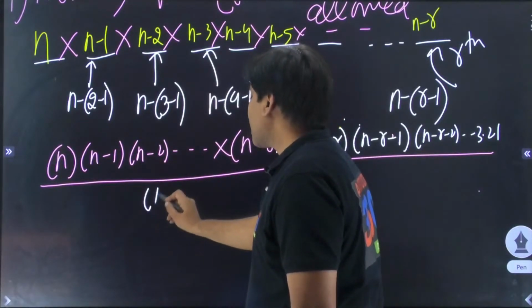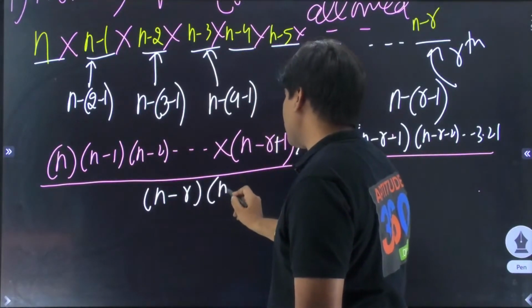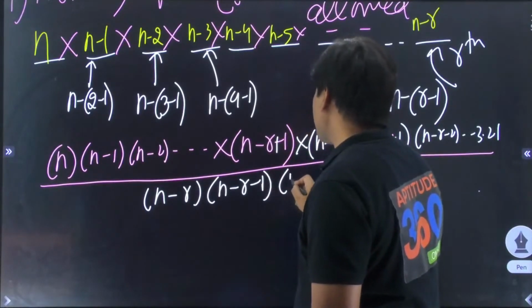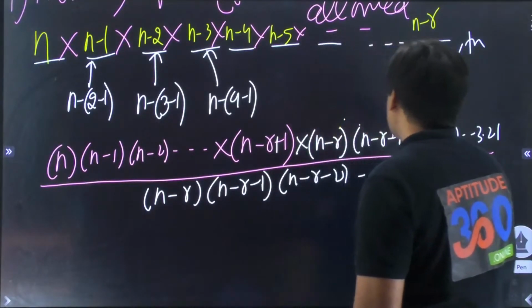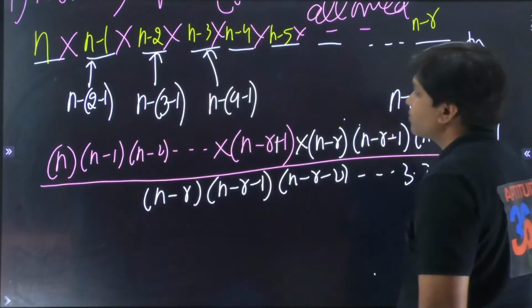So this is going to be what? And why am I doing this? Because I want to find out something which is very meaningful out here. So this is going to be 3 into 2 into 1.